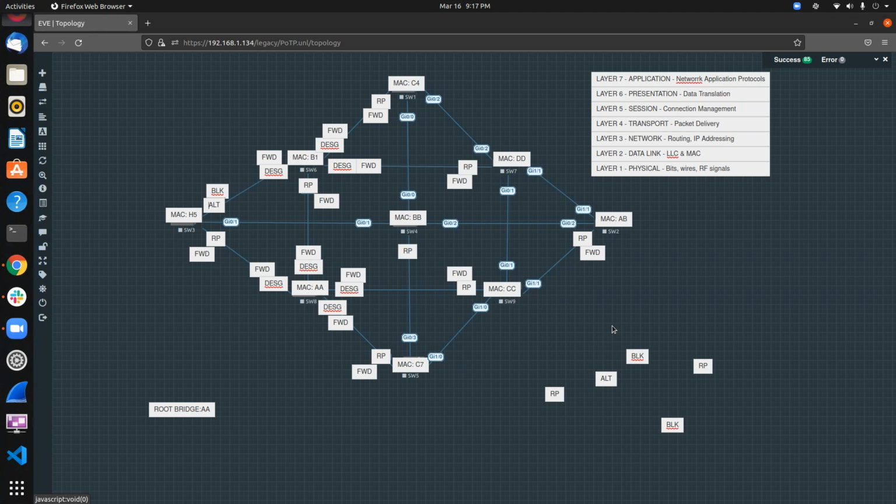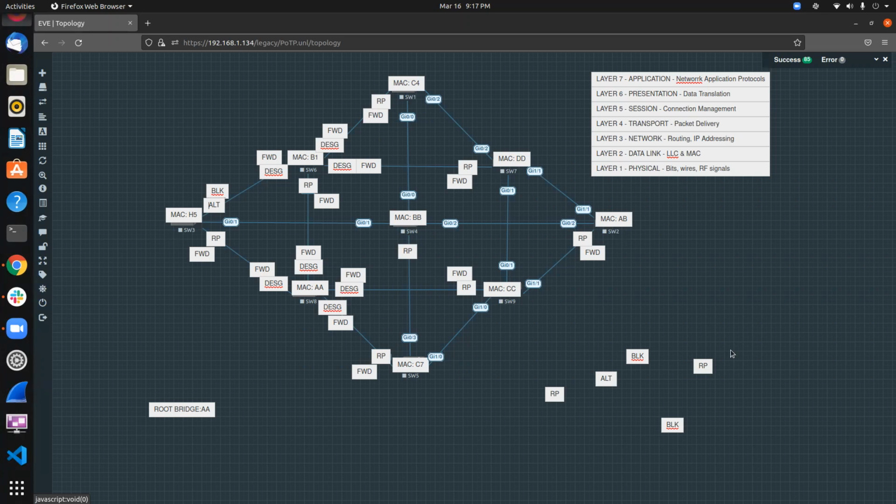So for the election of the designated switch within a segment, the first selection process is the lowest cost to reach the root. Lowest cost becomes the designated switch on that link. In the case of a tie, it's going to be the lowest bridge ID. Yes. Again, thank you.